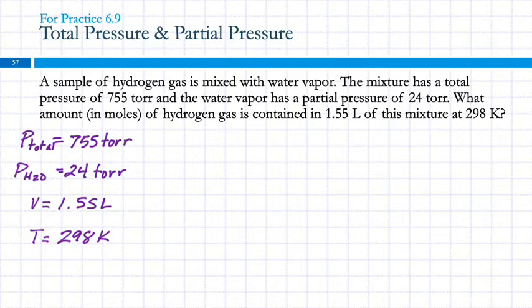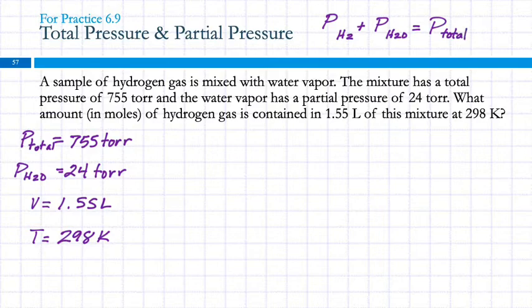In this gas mixture, I have hydrogen and I have water. Two gases. Dalton's law of partial pressures tells me that the partial pressure of hydrogen plus the partial pressure of water must equal the total pressure.